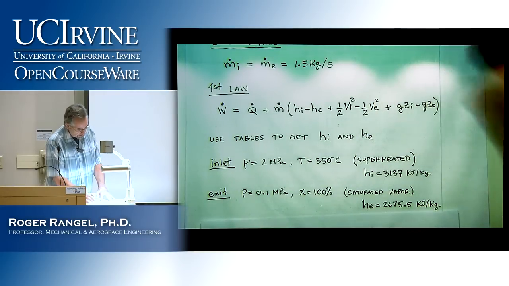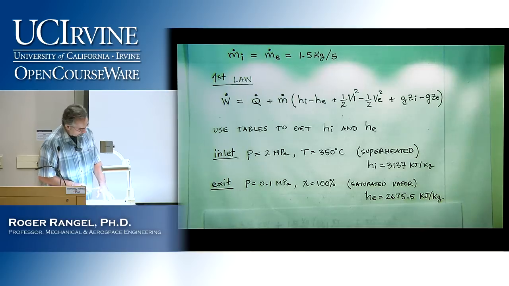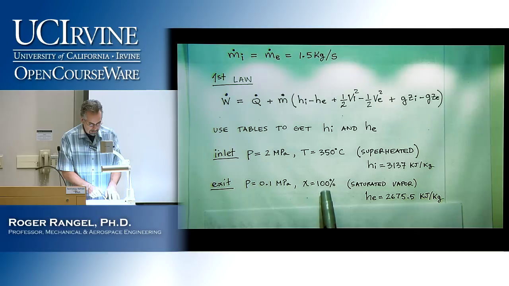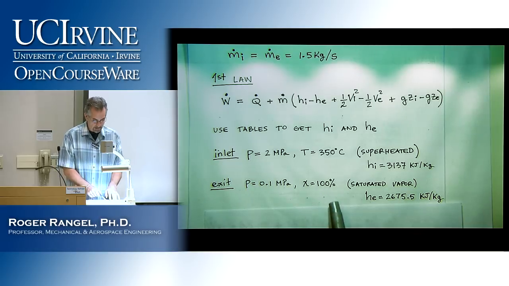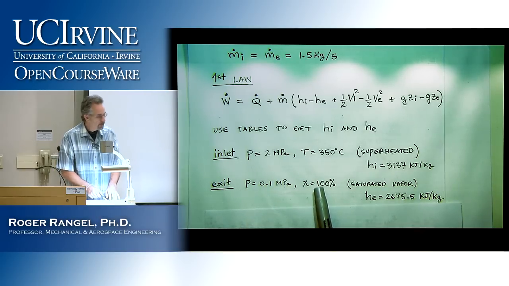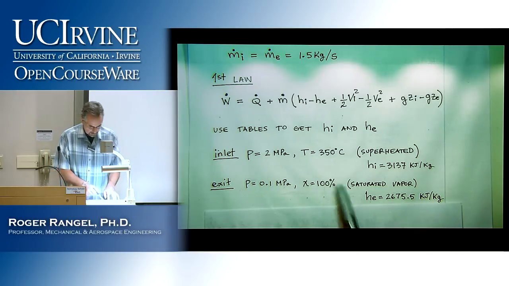You do the same thing at the exit with a given pressure of 0.1 megapascals and quality 100%, so we know this is in the saturated table. This is purely saturated vapor. We can read the value of the enthalpy just going in with that pressure. It would be the h sub g in the table.